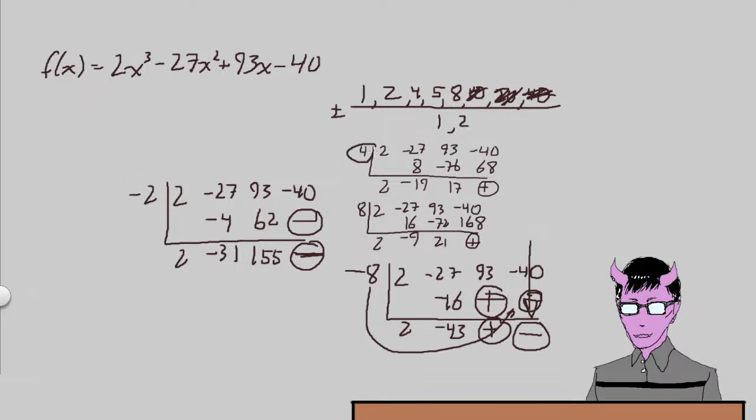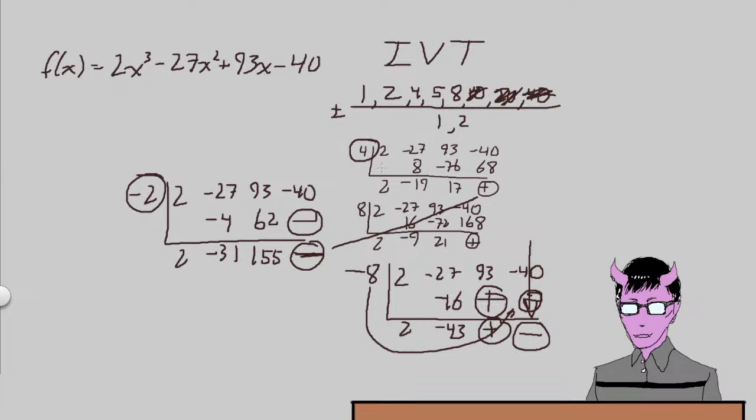But because taken in with this piece of information that produced a positive value, then between negative 2 and positive 4, there must be a 0 guaranteed by remainder factor theorem. I keep saying remainder factor theorem, sorry. I mean intermediate value theorem. Intermediate value theorem. So not remainder factor theorem.